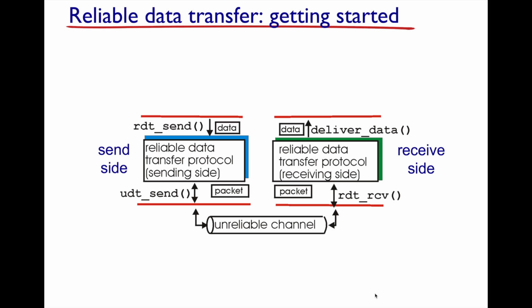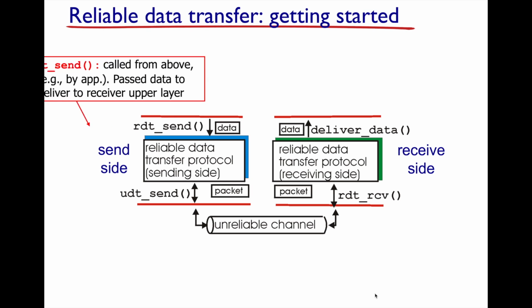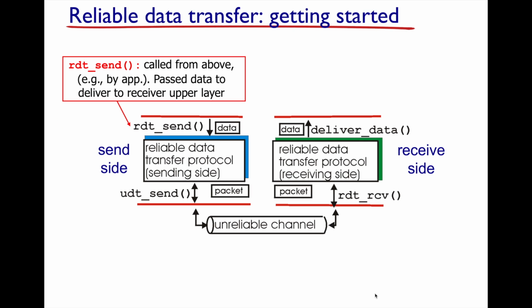In the book, they talk about RDT send, which connotes reliable data transport send, and that's the call from above. It's used to identify the event corresponding to the application sending data in through the socket. So it's doing that send. Then the transport layer engages in a bunch of stuff, and then it calls UDT send.